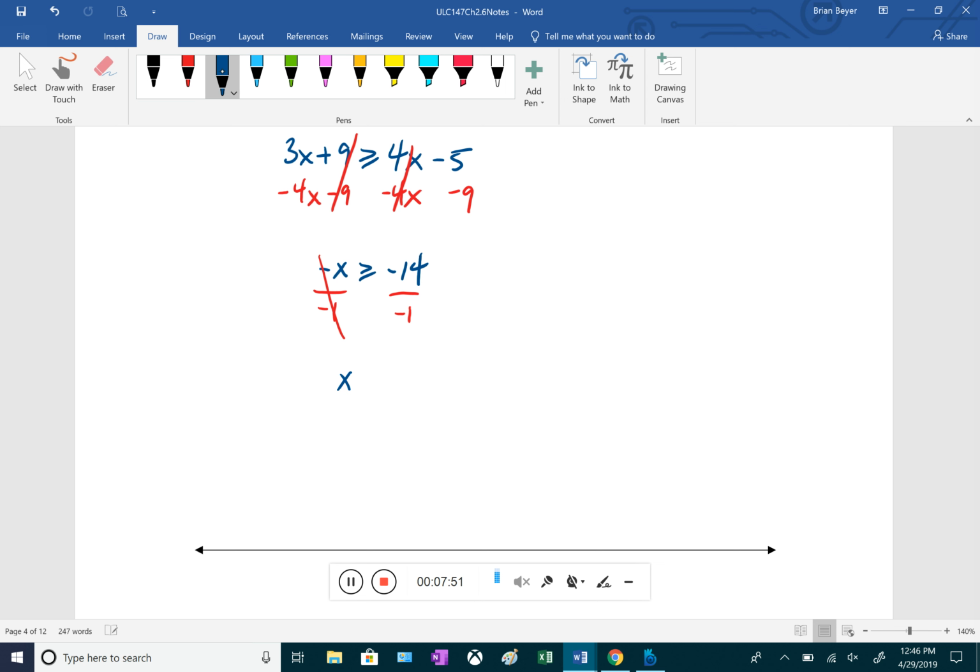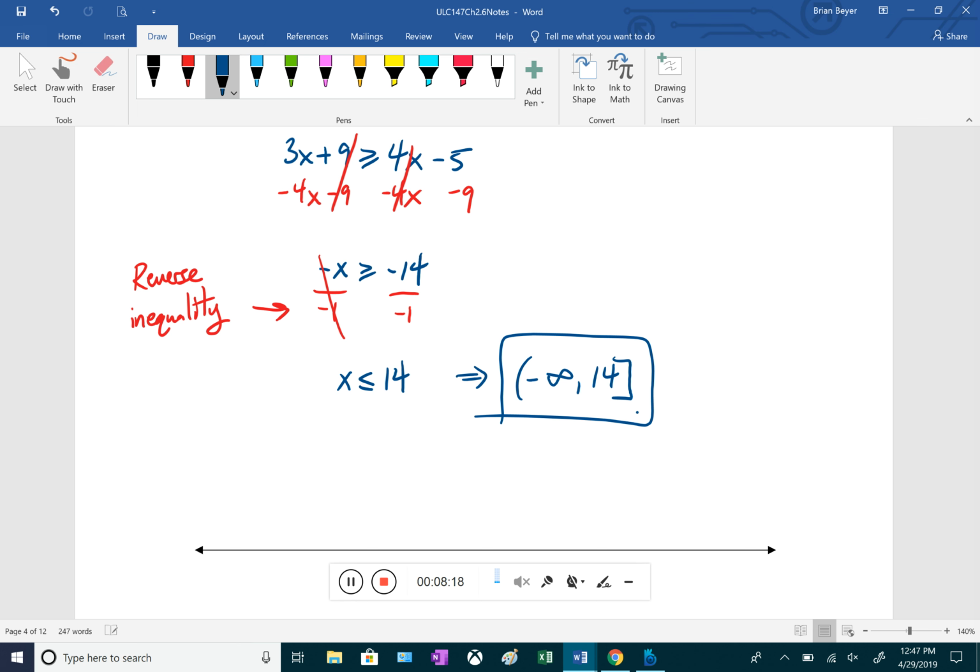So this would give us x, and since we divided by a negative, we have to reverse the inequality. So instead of greater than or equal to, it's less than or equal to -14 divided by -1, which is +14. So we get x less than or equal to 14. Interval notation would be -infinity to 14, and for 14 we put a bracket because of the or equal to.